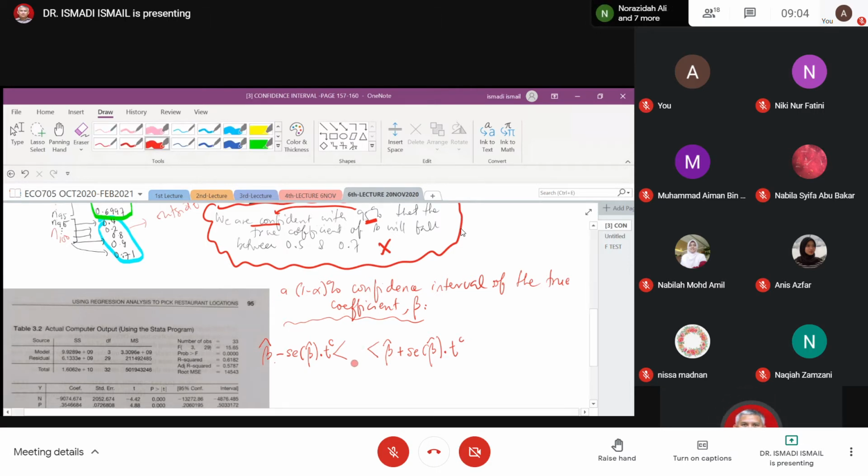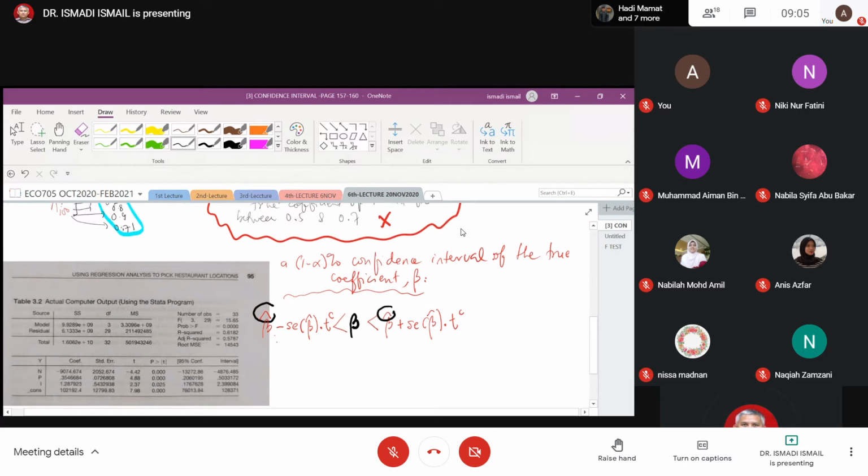In between is the value of the true coefficient without hat. We have hat at both ends, but not at the center of the confidence interval. With this kind of representation, you know that this is the lower limit or bound, and here is the upper limit or bound.